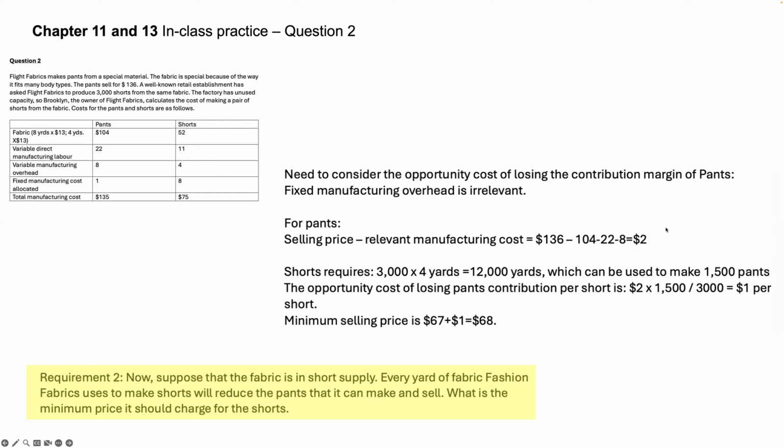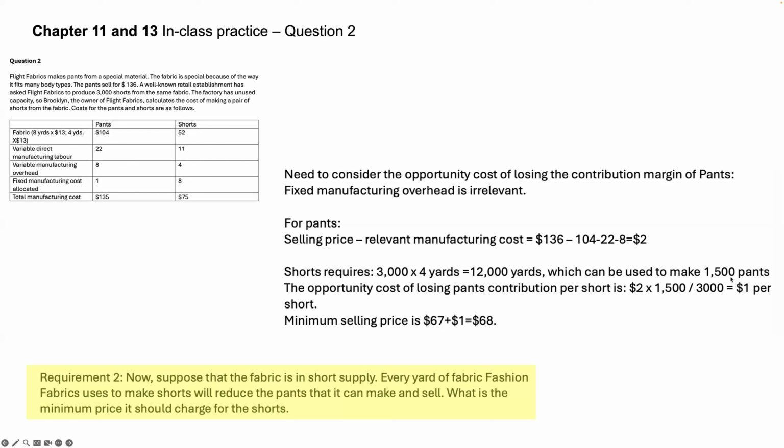So now the decision is to make 3,000 shorts. That means I have to cut down the production of pants by 1,500 units. For each unit, the contribution margin is $2. Each pant helps you make $2.